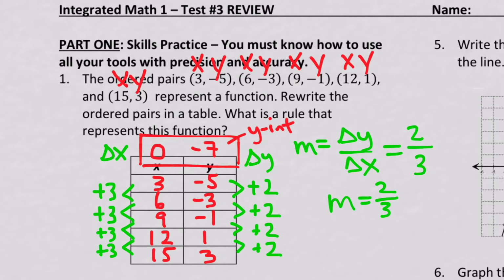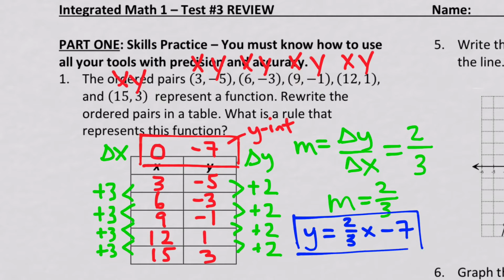So with those two quantities, I can now write an equation of my line, or my rule, in slope-intercept form. y equals my slope, 2/3, x, and then my y-intercept, which I just found, -7, will complete my equation. So for number 1, that's the answer.